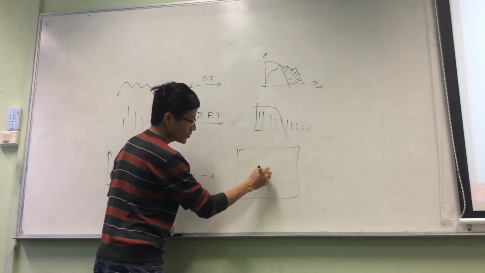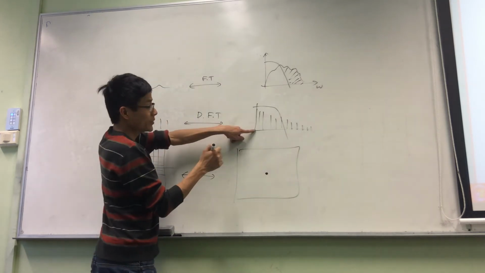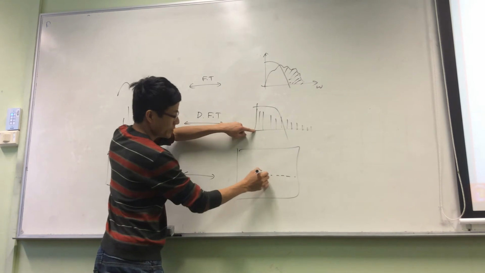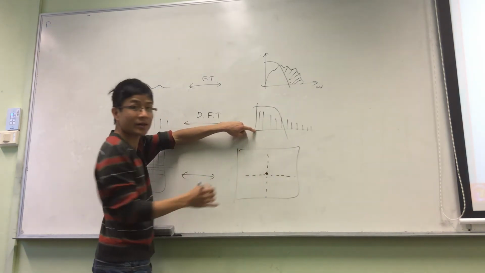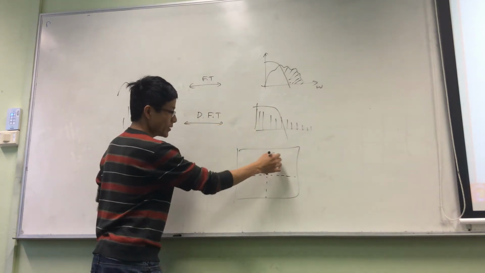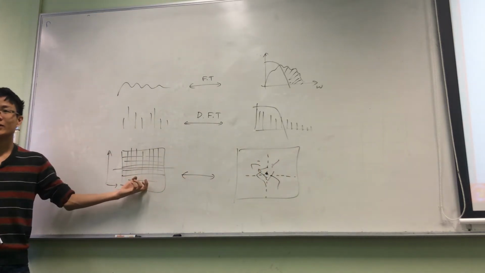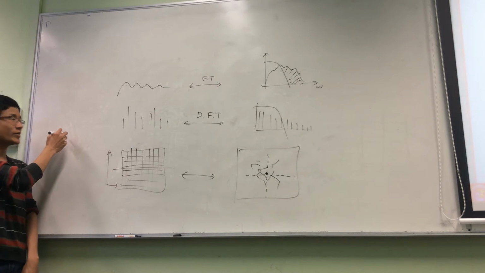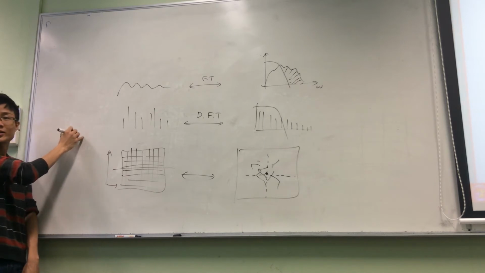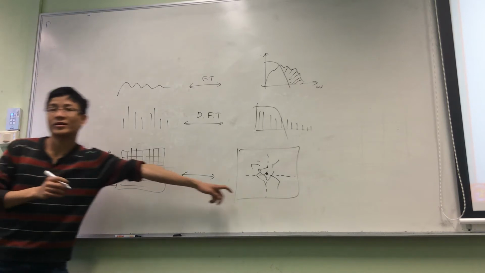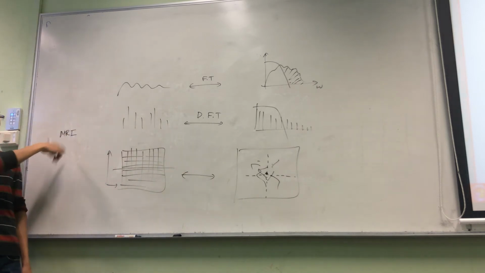So there will be a central frequency here. So you get high frequency terms, something like that. So it could be something in here. It's the Fourier transform of this one. Have you seen MRI images? Magnetic resonance imaging, right?